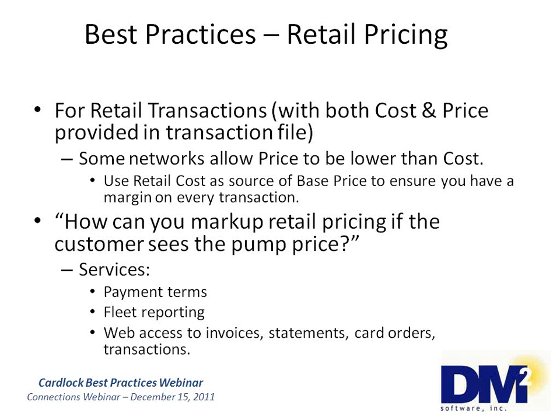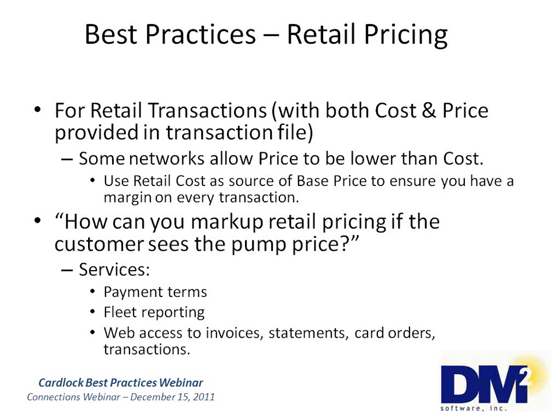So our recommendation there for marking up retail transactions is to mark up off the retail cost instead of the retail price to ensure that you have a margin on every transaction. If you say we want a 3-cent markup on retail price for all transactions, for most transactions that's going to give you the difference between retail cost and retail price plus your 3 cents.